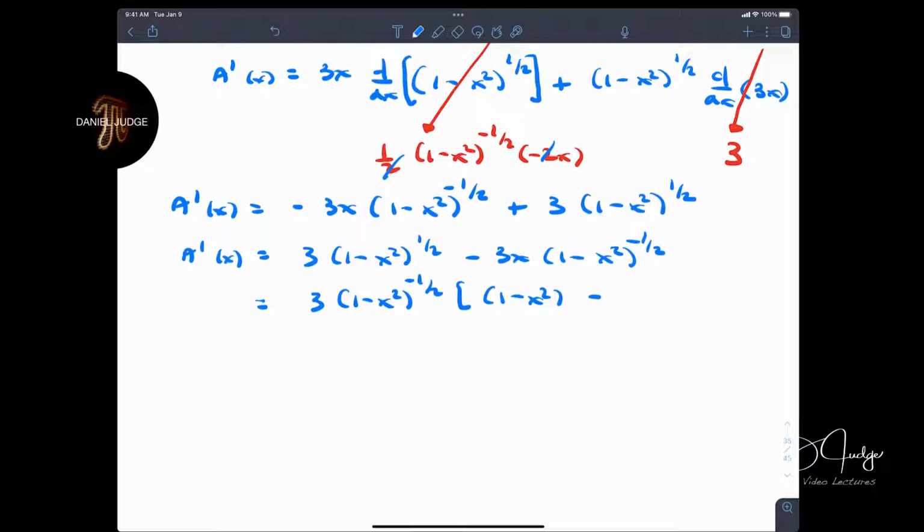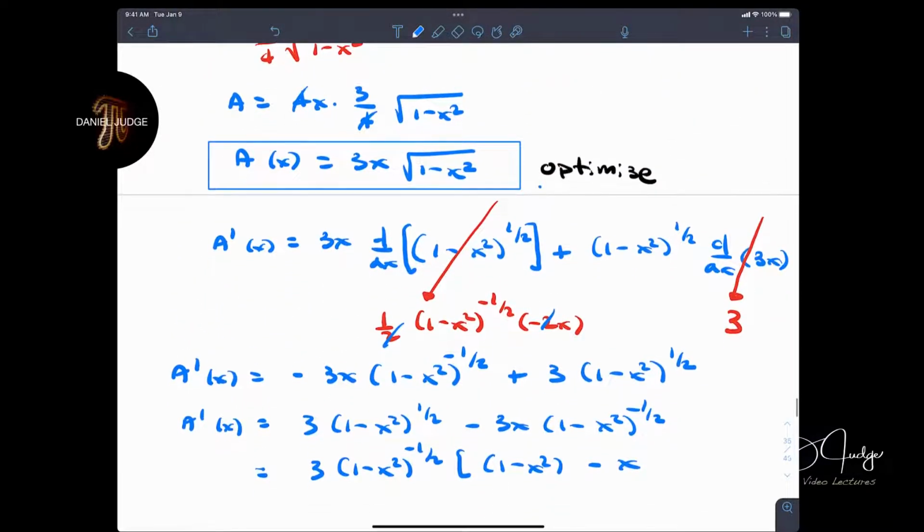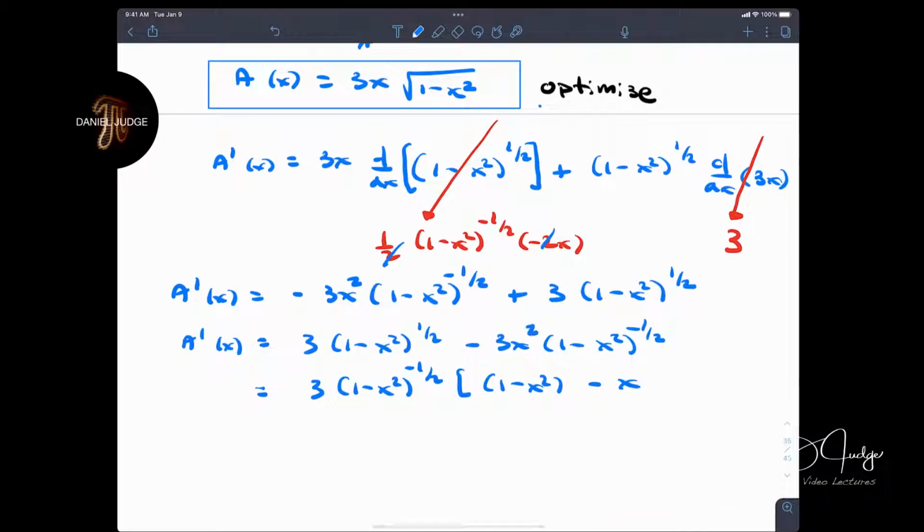And it looks like there should be an x squared here. Yes. There was something bothering me. Squared, squared. This is the x squared. X and x gives you that x squared. So there we go. Okay.